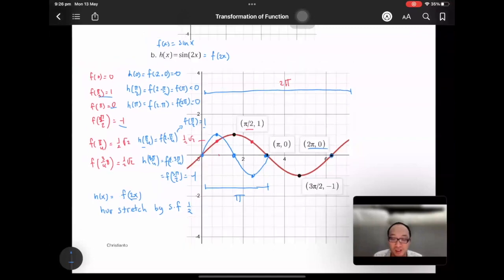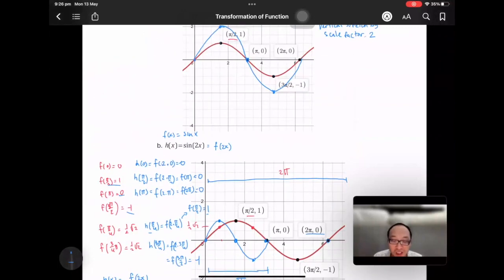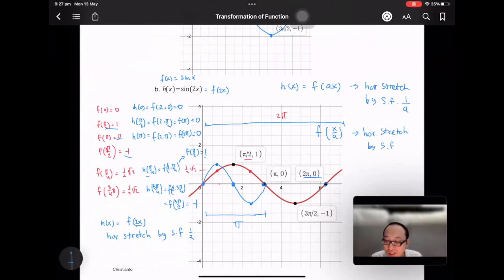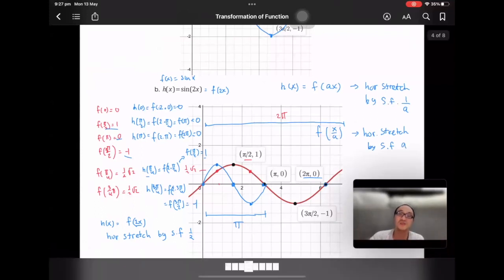So for the horizontal, if I have h(x) equals to f(ax), this is a horizontal stretch by scale factor of 1/a. So if I have f(x/a), this is a horizontal stretch by scale factor a. Yeah, so for the x-axis, it's always opposite.